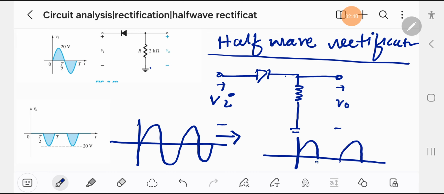The negative portion will be removed. So this is called half wave rectification. Half of the wave is actually converted into a DC level. Half of the signal is actually converted into a DC signal.